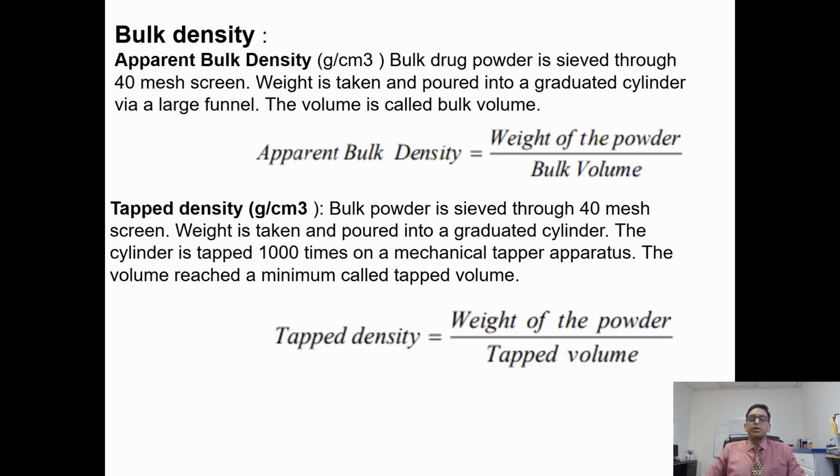That volume is called the tapped volume after 1000 taps of the component in a measuring cylinder. So the tap density is the weight of the powder divided by the tapped volume.